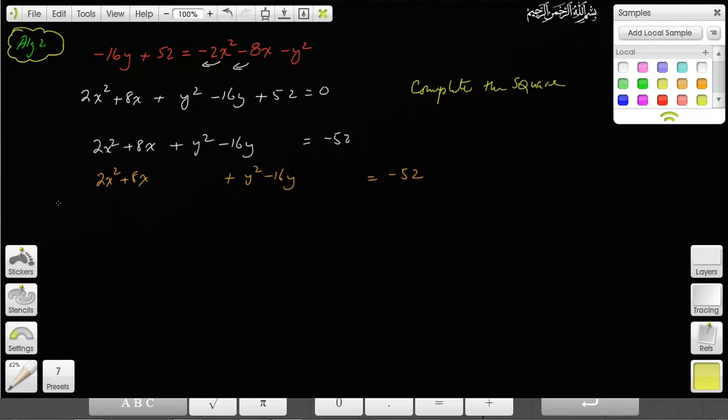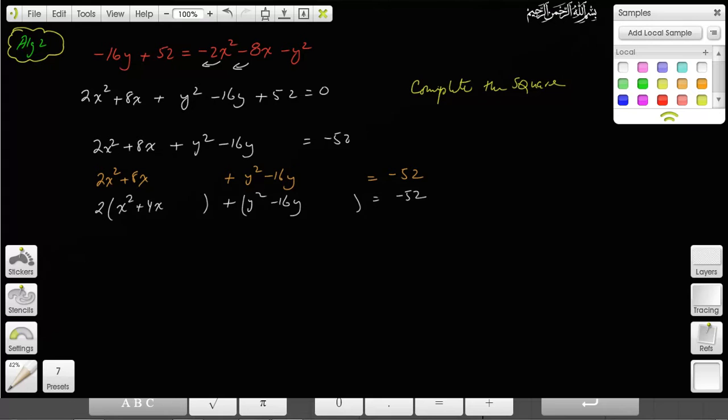If you recall from completing the square, the coefficient of the square term had to be 1. So here you can divide everything by 2, but then this won't be 1 anymore. So what I'm going to do is factor out a 2. Then you have x squared plus 4x right there. And here, I'm going to just leave it be, y squared minus 16y, because it's already 1, equals minus 52.